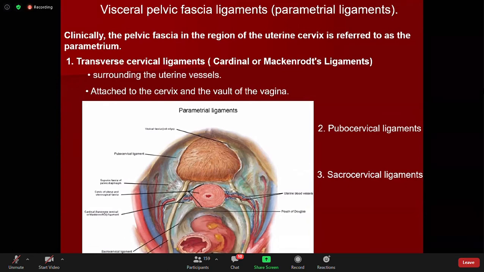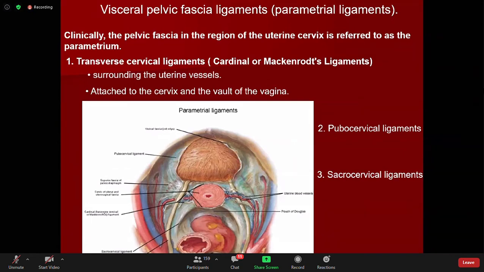What is visceral? Connective tissue? Type fascia. You don't know what fascia is? Connective tissue? So you've been here for 2 years, you don't know what fascia is? What separates between the pelvic organs and provides a kind of cushion?